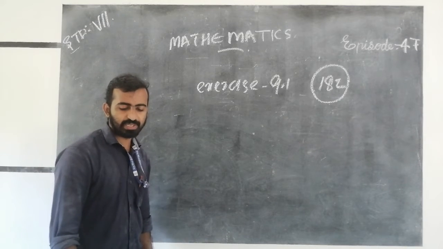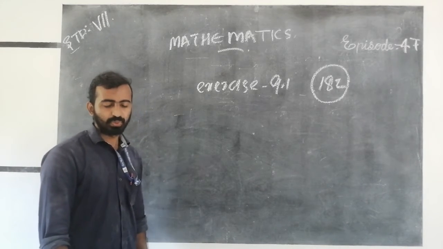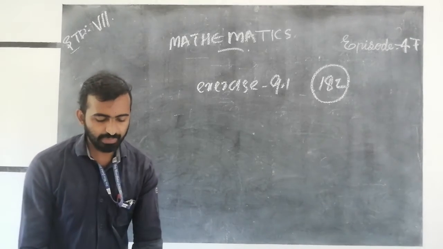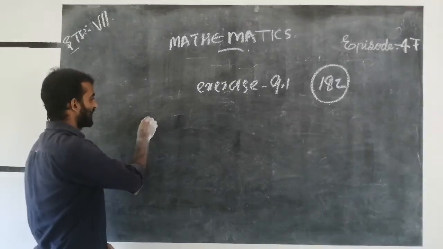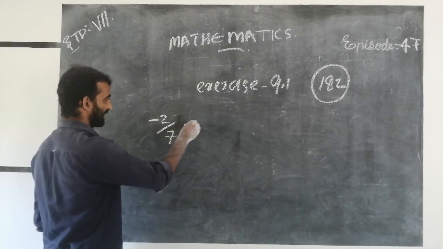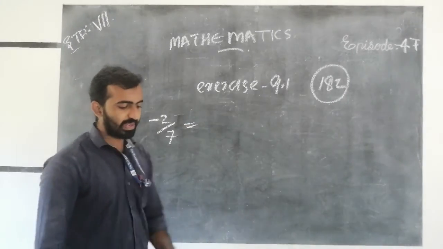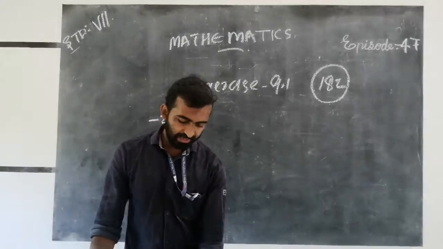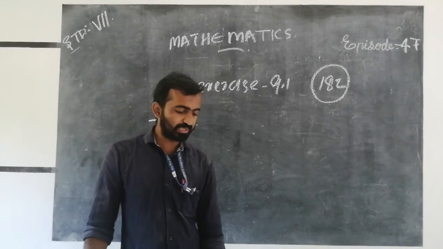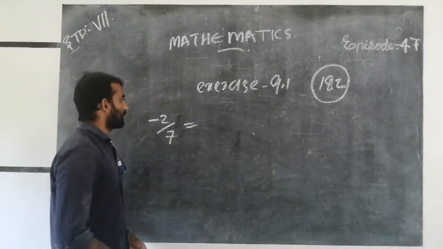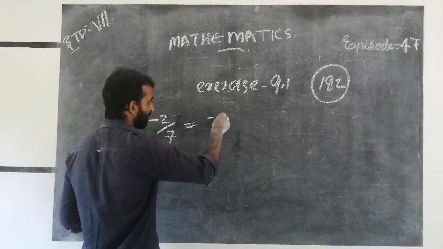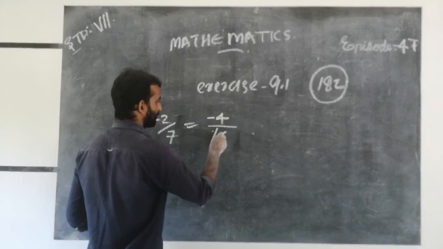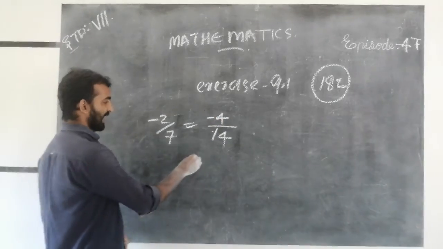Give 4 rational numbers equivalent to negative 2 by 7. We can give the 4 equal rational numbers as follows. When we multiply by 2, we get negative 4 by 14.